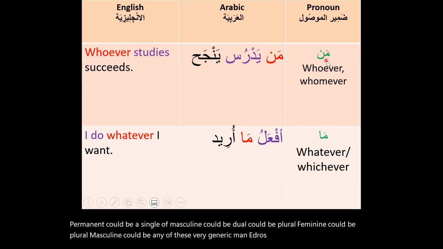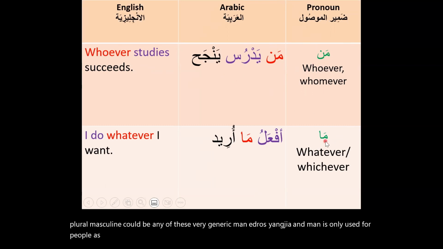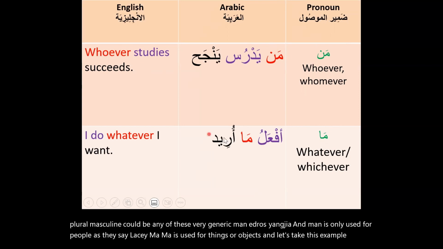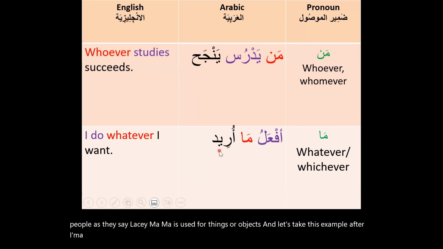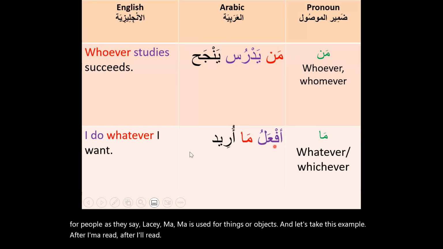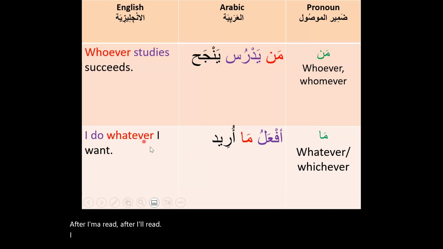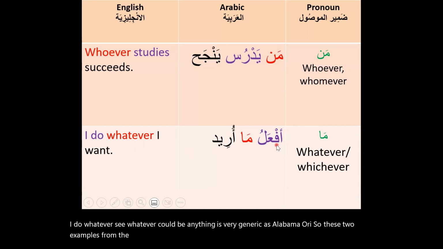And man is only used for people, as I say. Let's see ma. Ma is used for things or objects. Let's take this example. أفعل ما أريد. I do whatever. See, whatever. Could be anything. It's very generic. أفعل ما أريد. So these are two examples of the generic relative pronouns.